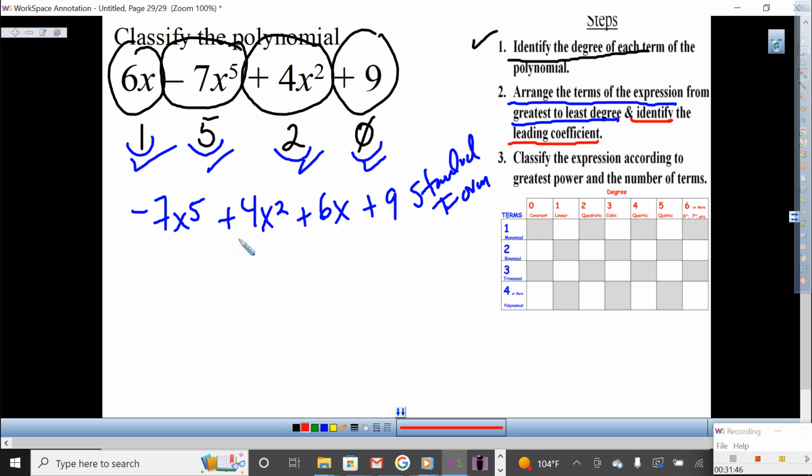Yeah, negative 7, 4, and 6. Okay, but the leading coefficient, pay attention to this part, is once we have it in standard form, the first one that appears from left to right. So what is my leading coefficient? Negative 7. This is my LC. Label that, please, in red. LC, leading coefficient.